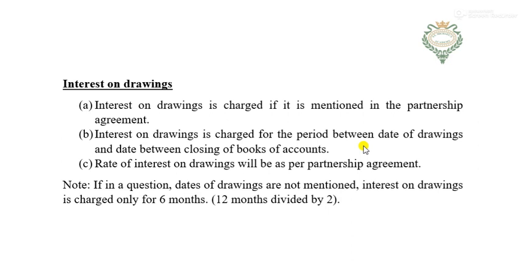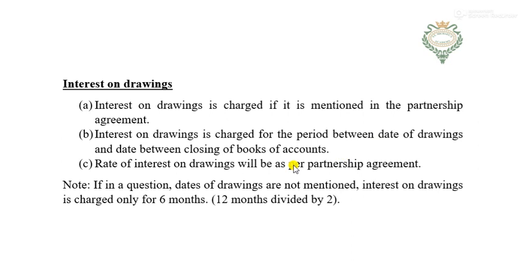Every one of us has expenses, and each of the partners may withdraw money from the firm each month. The partners may withdraw it in the beginning of the month, in the middle of the month, or in the end of the month. So we'll learn how to calculate interest on these drawings in each of the cases.